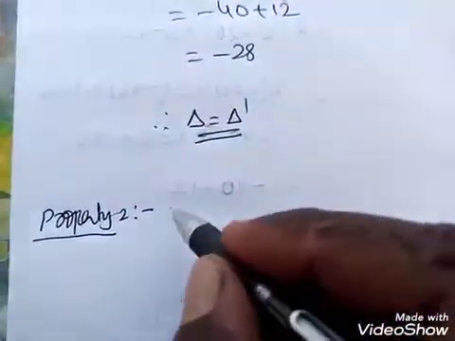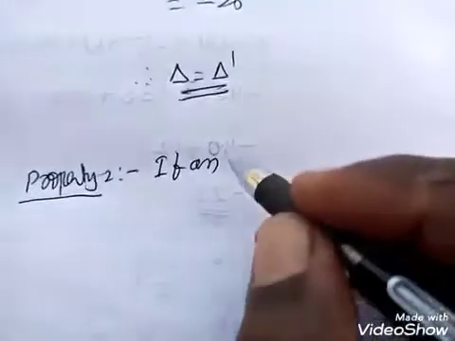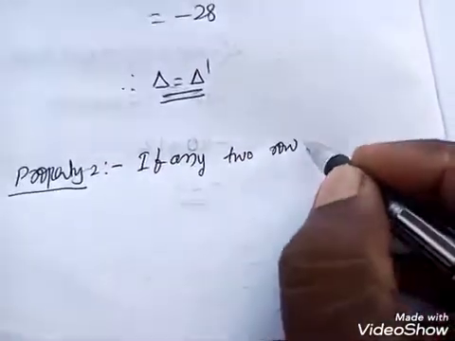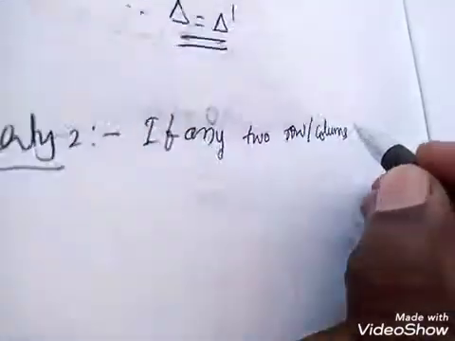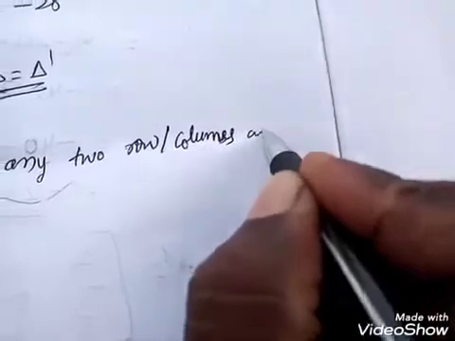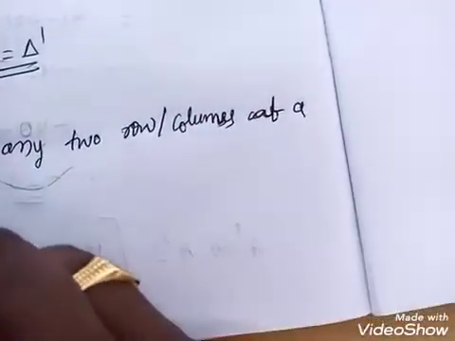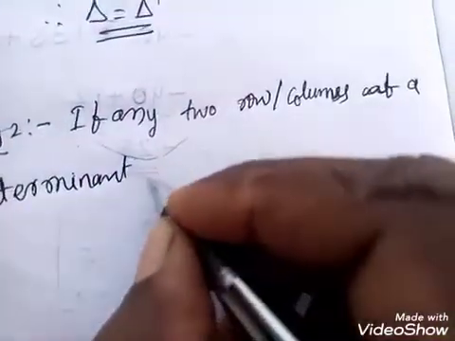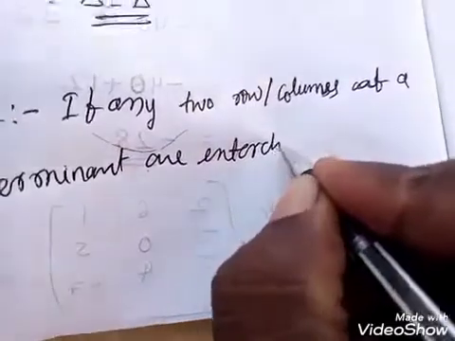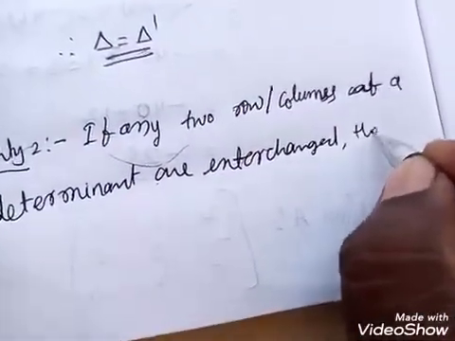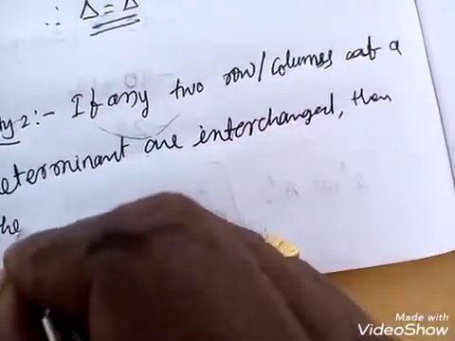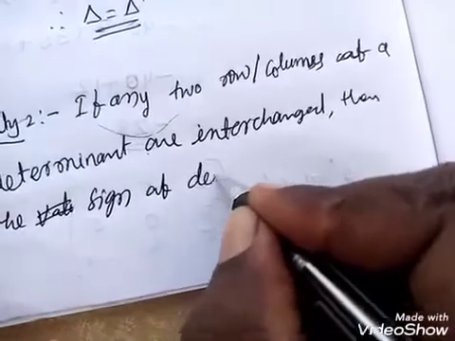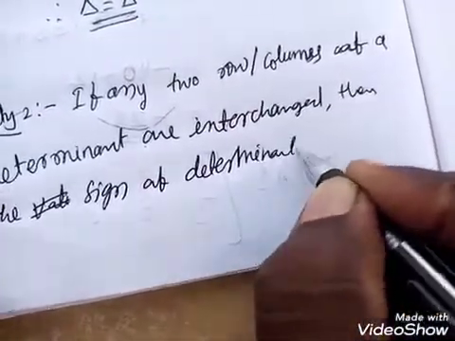Property 2 is, if any two rows or columns of a determinant are interchanged, then the sign of the determinant changes.